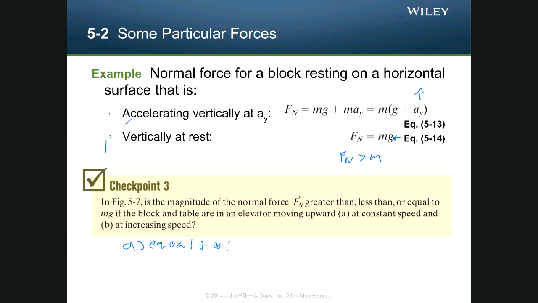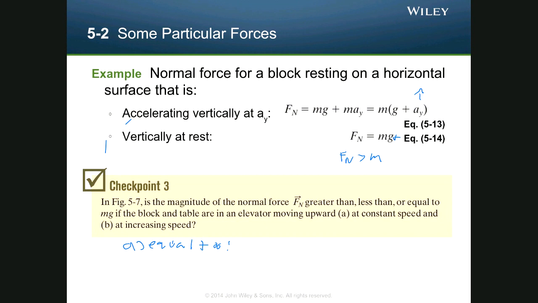And it says it's moving upward, which takes away any of the ambiguity at increasing speed. If you're moving upward at increasing speed, you must be accelerating. You can't just invent new motion. You are making up your own rule, Nina.